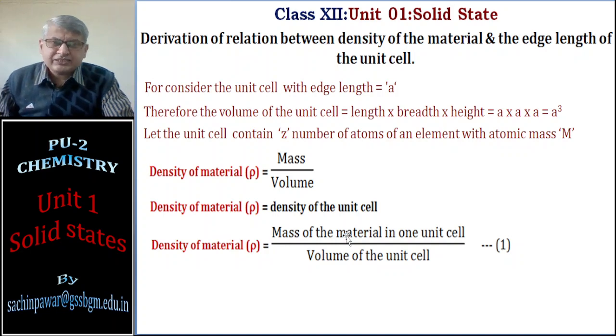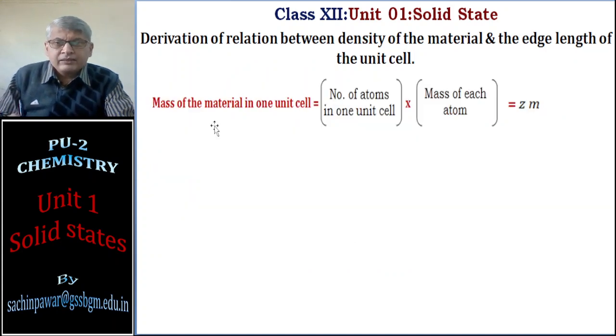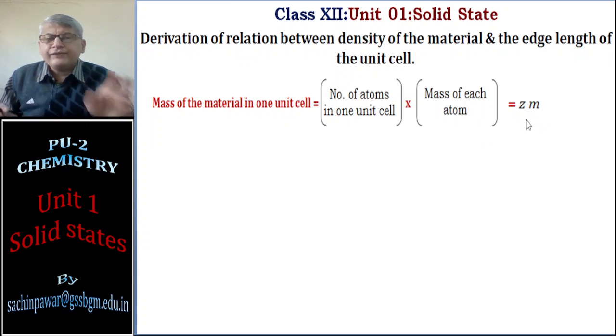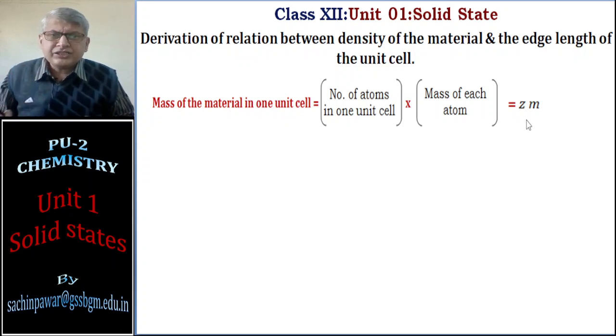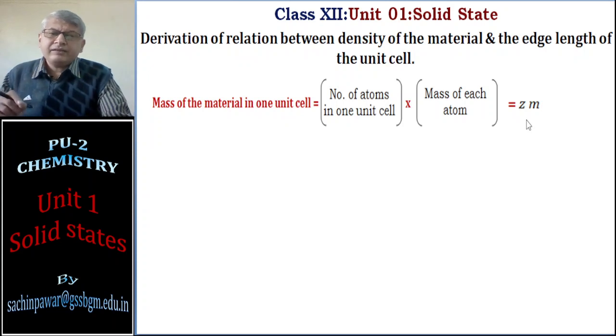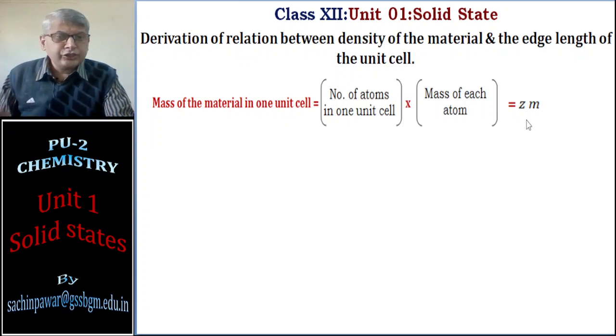And we know the mass of the material is the number of atoms into the mass of each atom, that is Z into M. So if you know exactly how many particles are present in a unit cell, and you multiply it by the mass of each atom, then you will get the mass, that is the numerator.